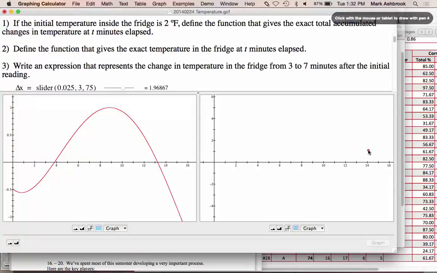Okay, so this is the rate of change of temperature with respect to x, which is time in minutes elapsed since some initial time.